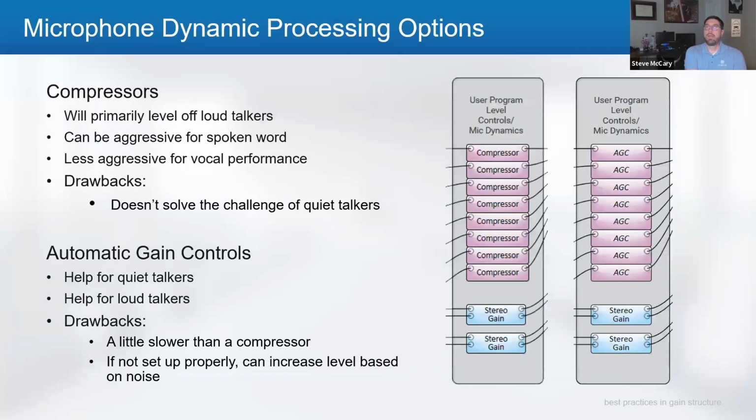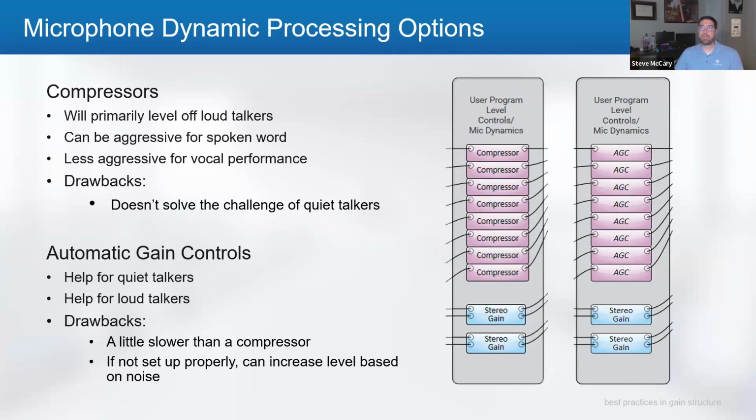Okay, let's talk a little bit about these dynamic blocks. We're not going to go crazy deep dive on them. There's a whole class for that if you really want to go nutso on compressors and limiters and whatnot. A lot of times you will see either compressors or automatic gain controls.